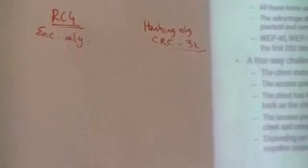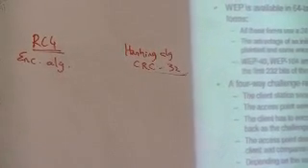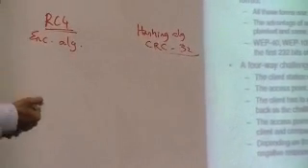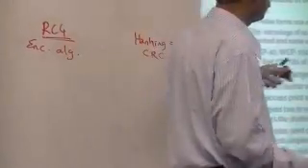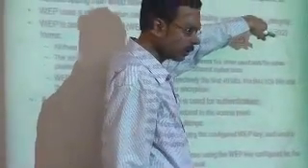Now this RC4 can be run with different sizes of password key. The larger the key, of course, the more secure, but the more time consuming it is. For a 256-bit key, your password is actually only 232 bits, plus 24 bits, which you'll see shortly, making up 256 bits.